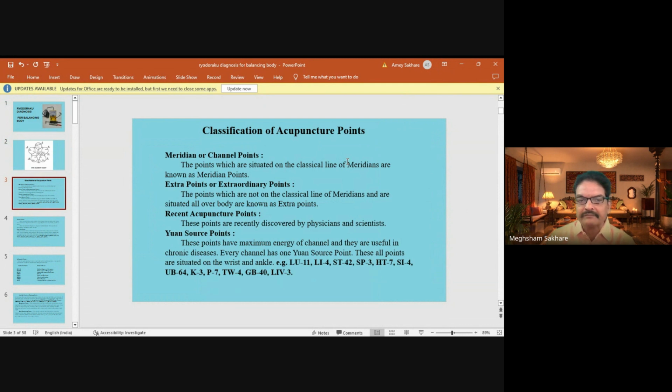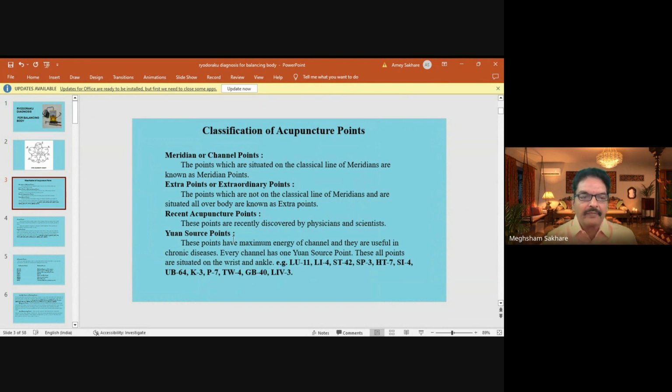There are points which are on the meridian or channel, called meridian or channel points. There are extra points which are not on the channel or acupuncture line, meridians. Then there are certain recent acupuncture points, discovered by physicians and scientists.